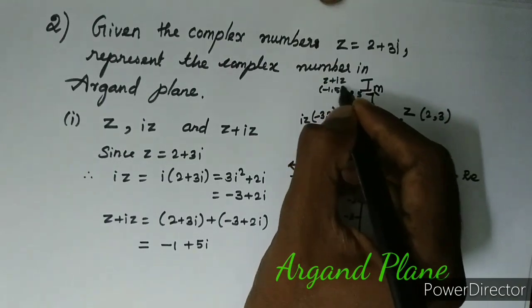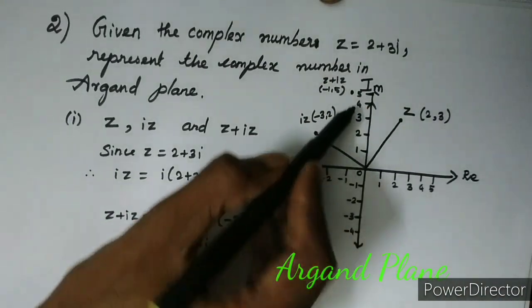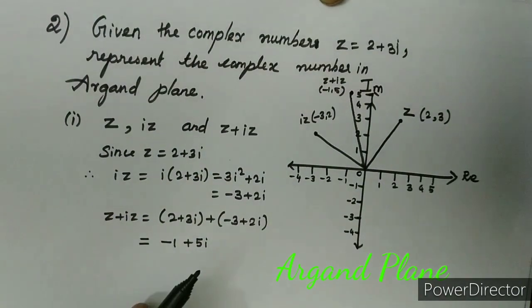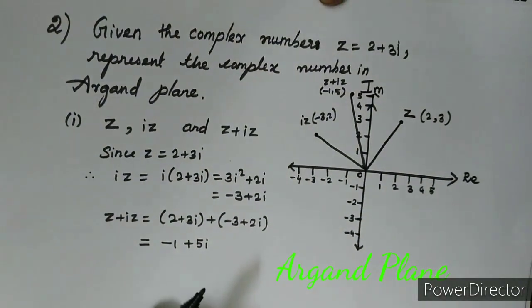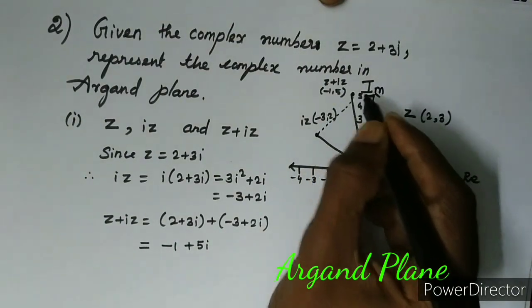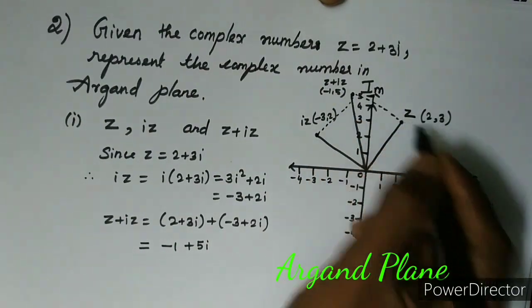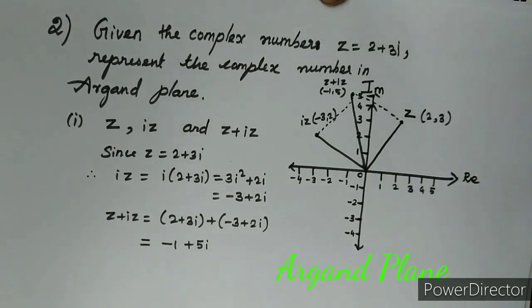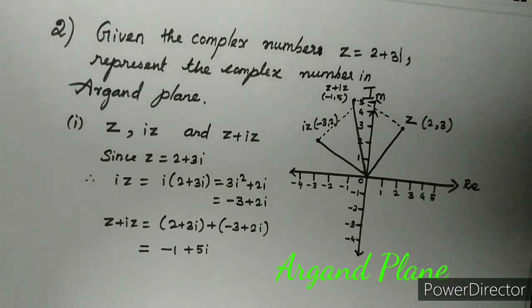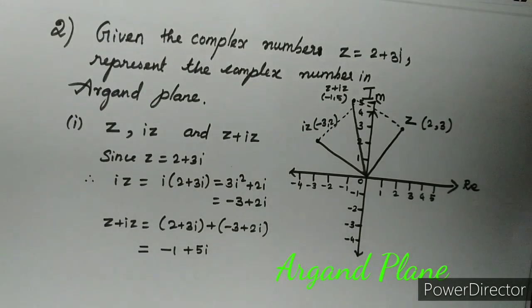So now we connect the three points to the origin: Oz, Oiz, then O to z + iz. Now we join the three points. This is the representation of the complex numbers in the Argand plane.